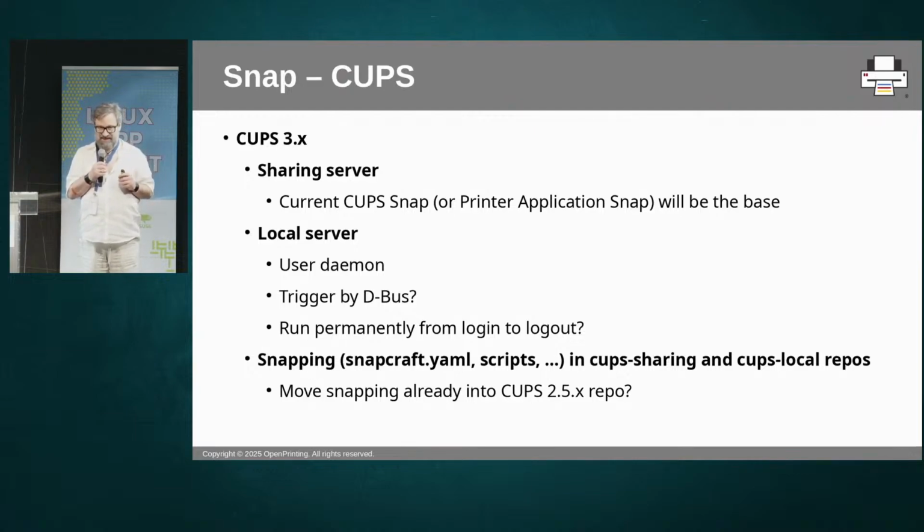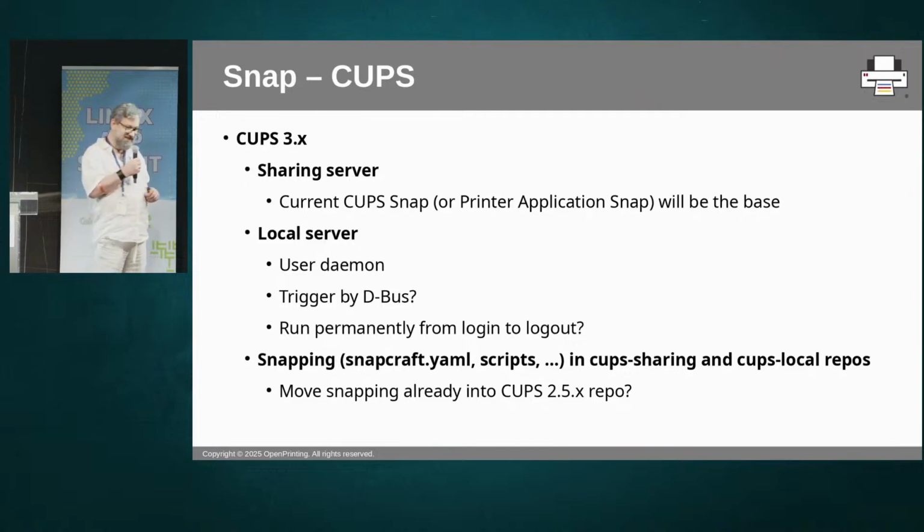The libcups for CUPS 3.x is nearly ready, and by the end of the year we will also have the new CUPS daemons for CUPS 3.x. The main differences are that CUPS 3.x does not support classic printer drivers and PPDs anymore. It is IPP only. Only driverless IPP printers are supported.